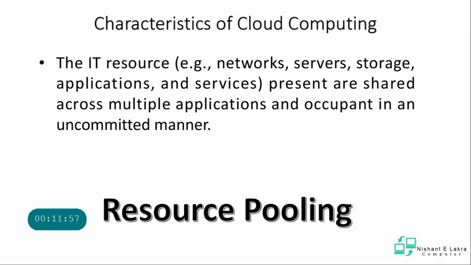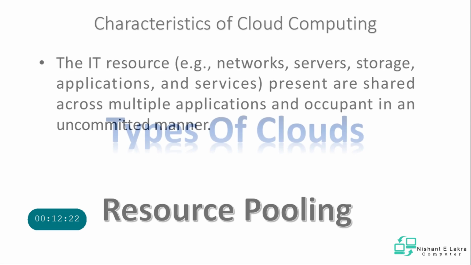So all these resources like networks, servers, storage, applications, services and many more IT resources can be shared across multiple applications. So these resources are pooled, and that is why this is another very nice characteristic of cloud computing: resource pooling.